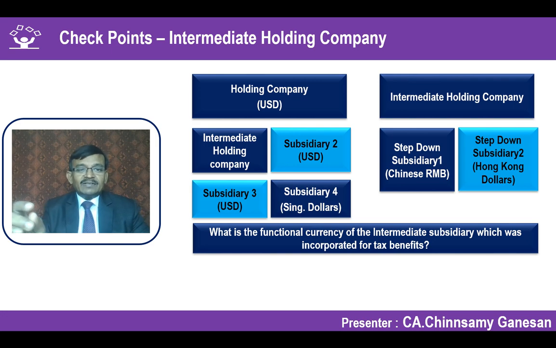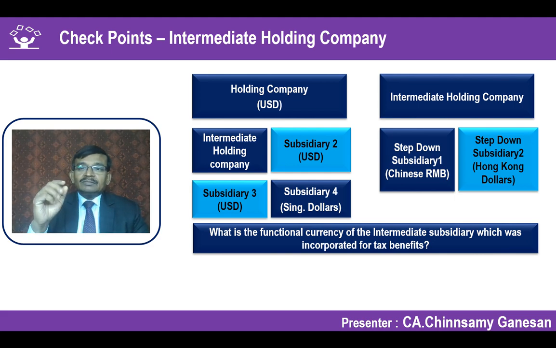Now, one additional fact is coming in this question. Because if the intermediate holding company has complete autonomy and it generates its individual cash flows and retains the assets in its own currency, assuming that it's operating in Singapore and Singapore dollars, then the answer will be totally different.